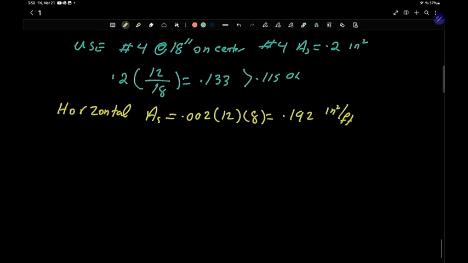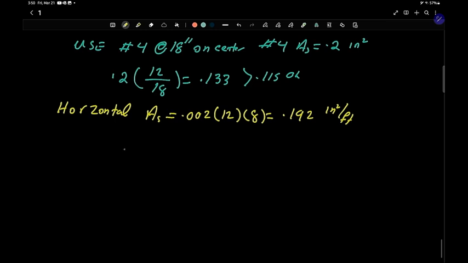So now the same way, if we use number 4 at 12 inch on center, we'd be good.